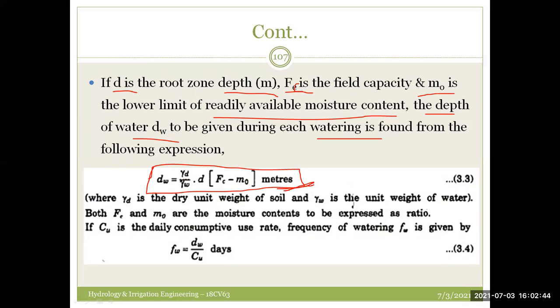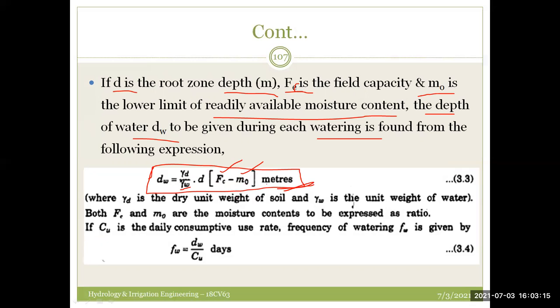This is the equation to determine how much depth of water you need to supply to the agricultural field, where gamma D is the dry unit weight of soil, gamma W is the unit weight of water, FC is the field capacity, and m0 is the lower limit of readily available moisture content. Both field capacity and m0 are expressed as percentages, like ratios.